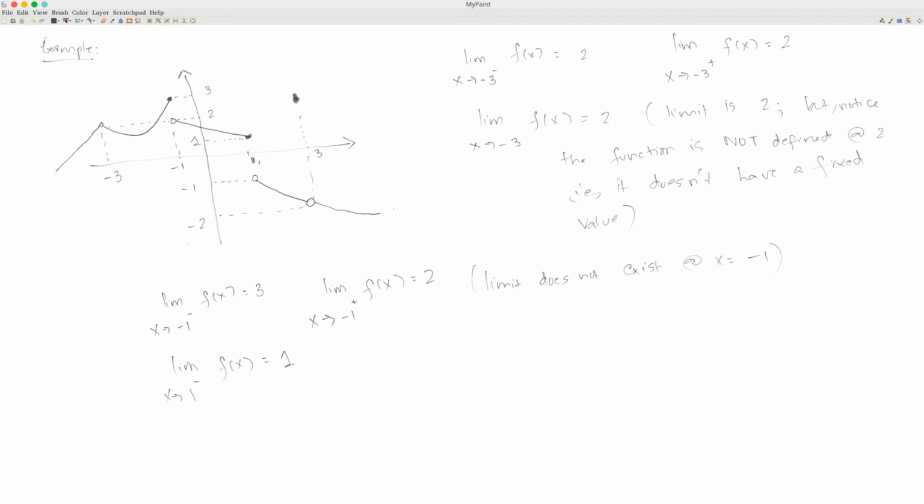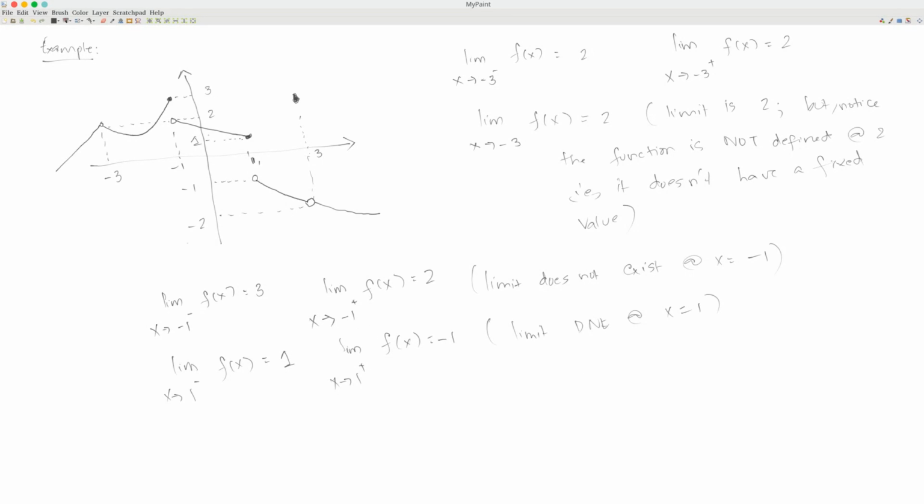But as I come from the right hand side closer to 1, the point that I hit past this open dot right there is negative 1. So from the right hand side, the limit would be negative 1, which would imply the limit does not exist at x is equal to 1.